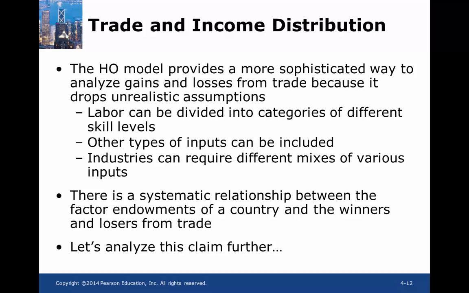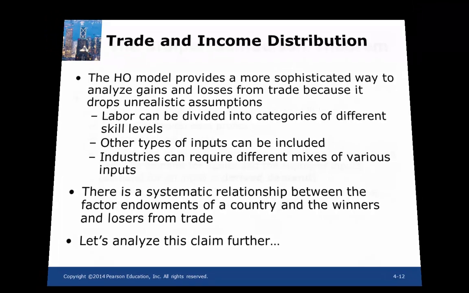Other types of inputs can be included. Industries can require different mixes of various inputs. There is a systematic relationship between the factor endowments of a country and the winners and losers from trade. Let's analyze this claim further.